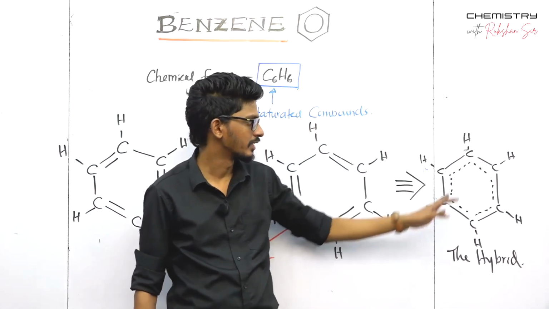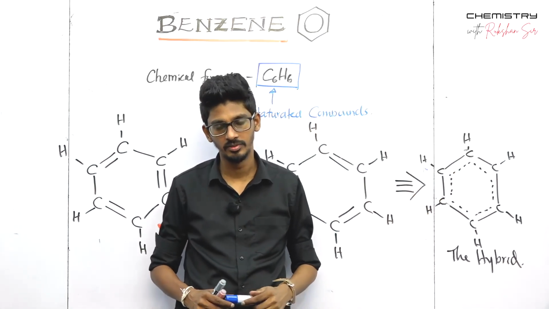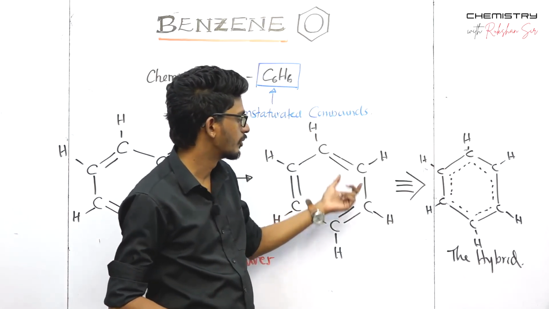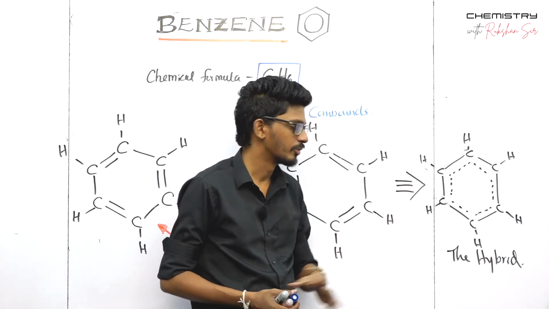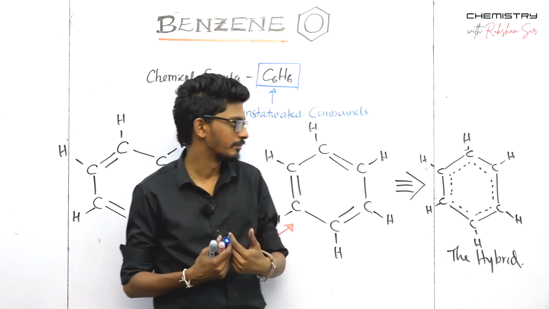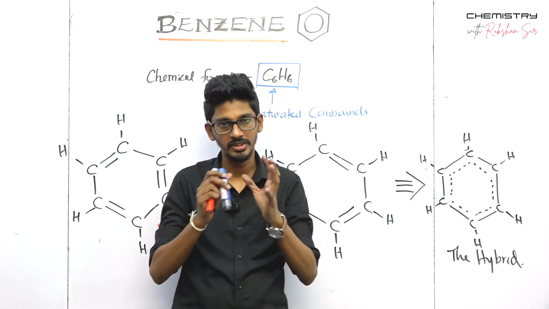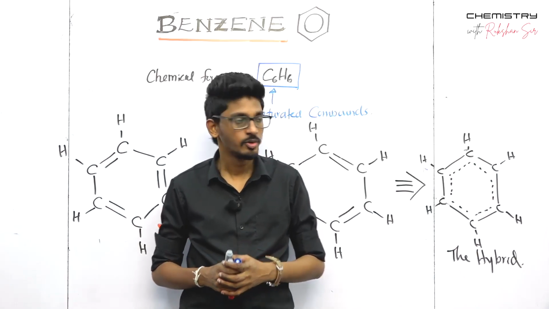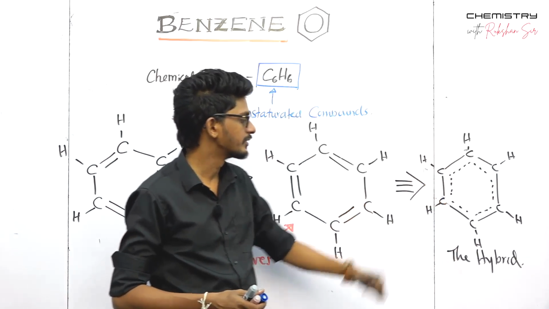So not reacting to Br2 as well as basic KMnO4, because of this nature. Half double bonds, so that is a partial double bond character appearing in benzene. So this is the hybrid.